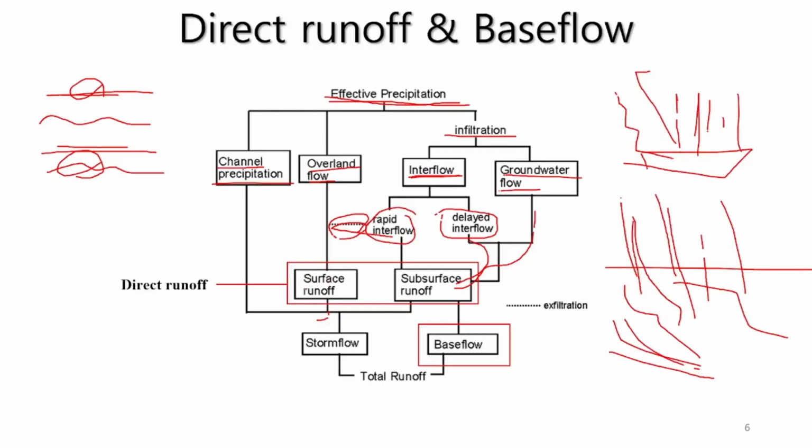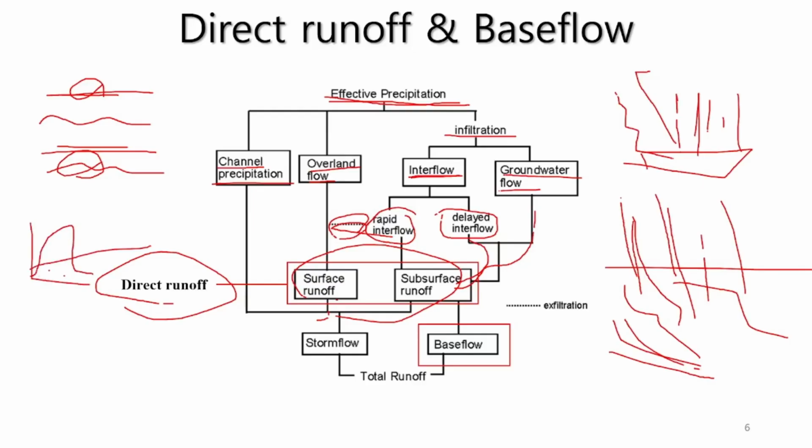We call surface runoff and subsurface runoff together direct runoff. If you forgot already, when we draw a hydrograph divided into base flow and direct runoff, direct runoff is the combination of surface runoff and subsurface runoff.